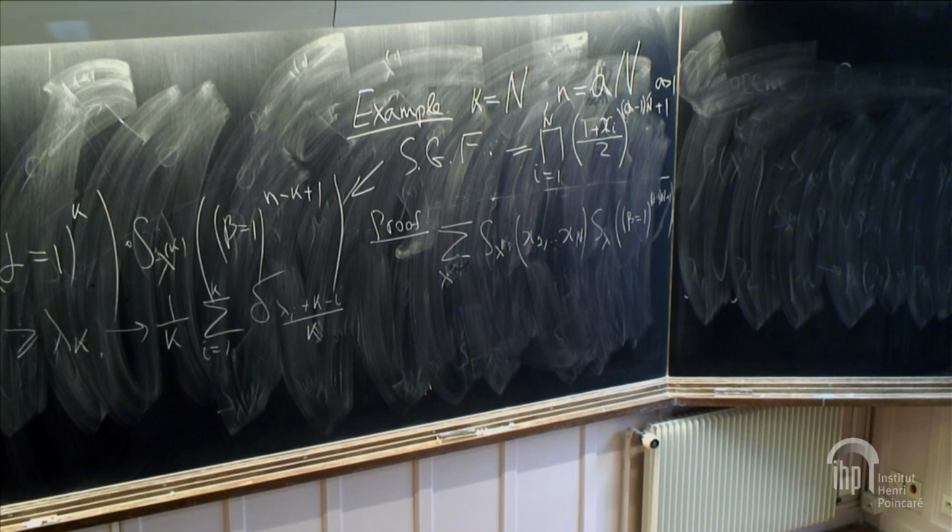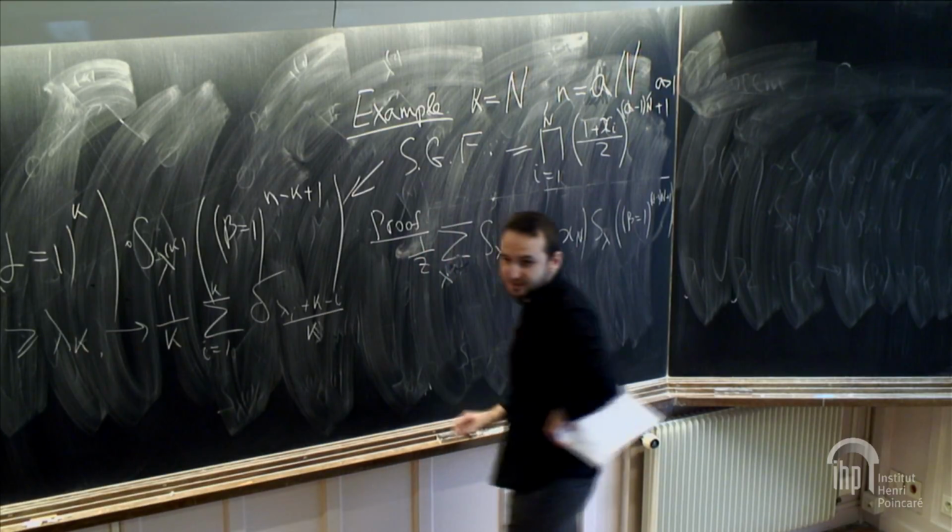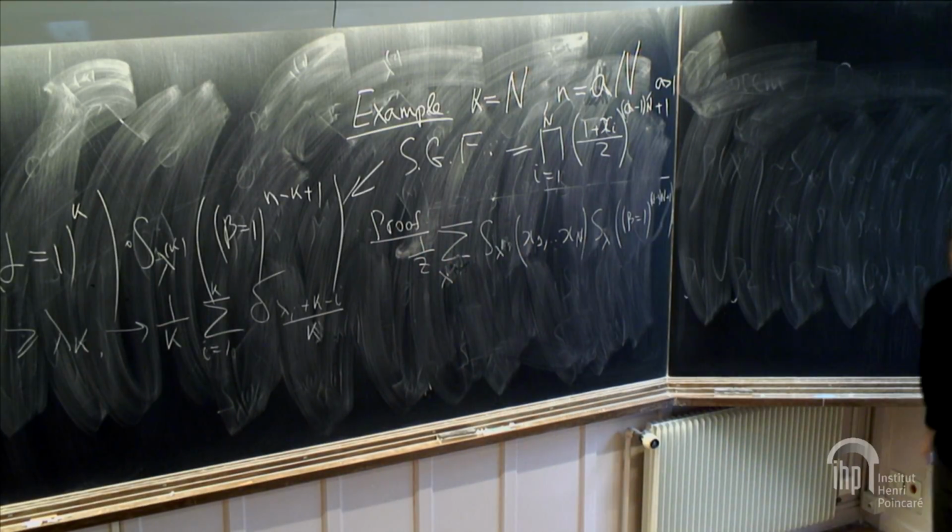But then P of lambda k is lambda? Yes, so this is proportional. So there is some normalization constant. You're correct. So there is some constant here, 1 over z, which in the very end we will understand how to compute. But for now, we'll just keep it as some unknown constant. Okay, but in your claim, you have an equality. Yes, exactly.